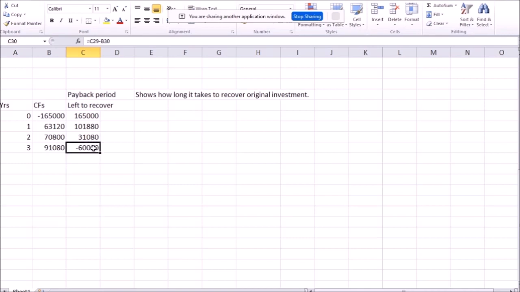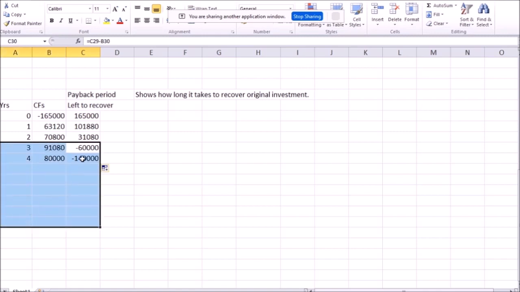A negative number means that you've already recovered all of your money and even got some more back. But this particular method doesn't take into account any of the future cash flows, even if we had a longer period over here, not the 80,000 by the end of 4 years. The payback period doesn't take into account any of the future cash flows. Only how long does it take to get my money back. So once I see negative numbers here, just delete it.